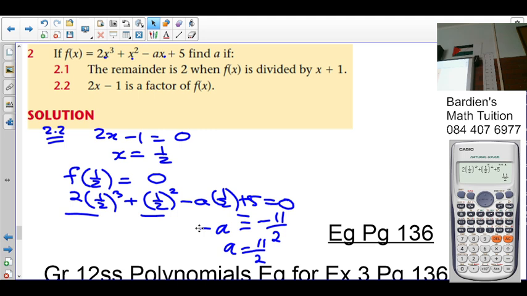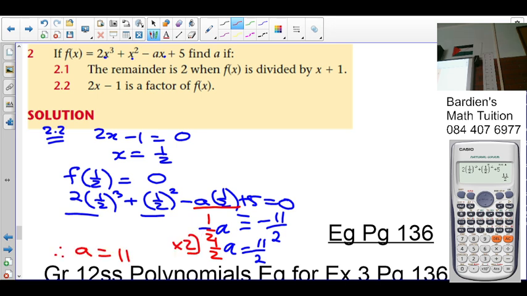No? Made a mistake? Oh yes, half as well. Not so? So half a is equal to 11, so I multiply throughout by 2. So therefore a is equal to 11. Sorry about that. Negative 11? Why?